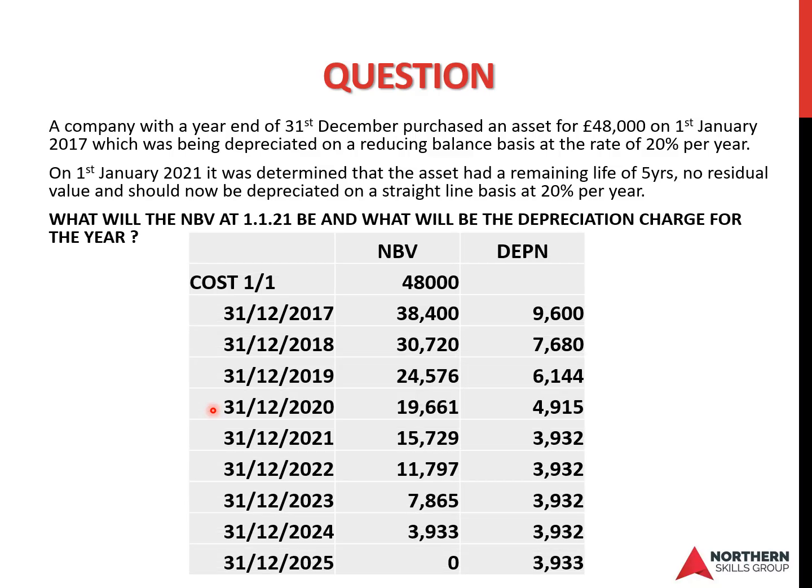So here's what the figures should be for the first few years. The asset was purchased for $48,000, and up until 31st of December 2020, we've depreciated it on a reducing balance basis at the rate of 20% a year. So those will be the depreciation figures up to December 2020, and on a reducing balance basis.